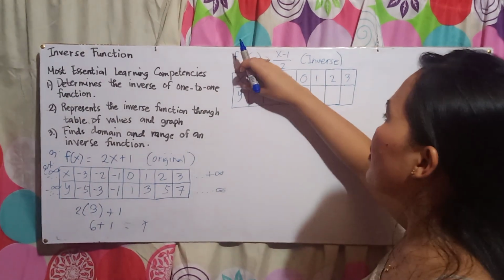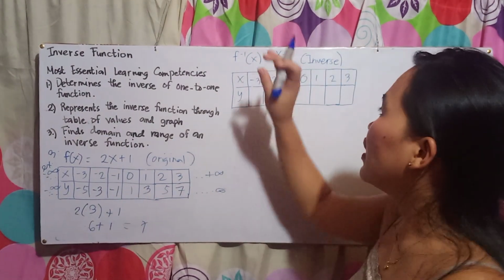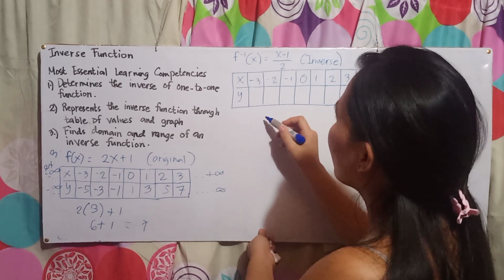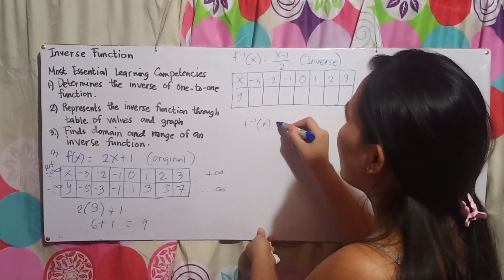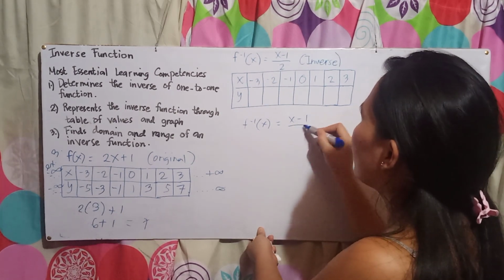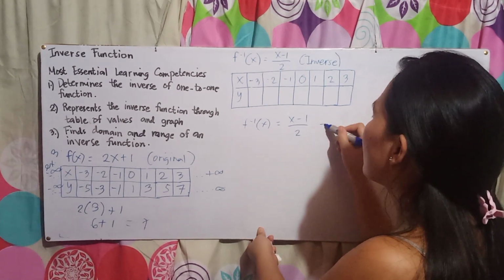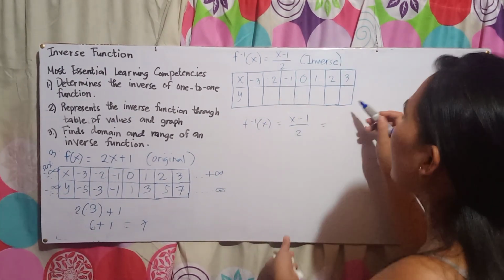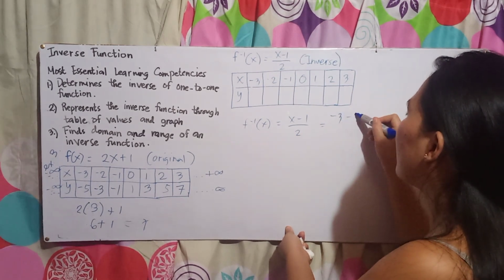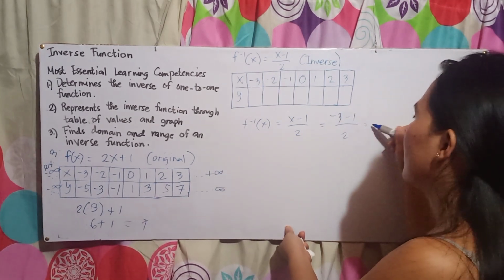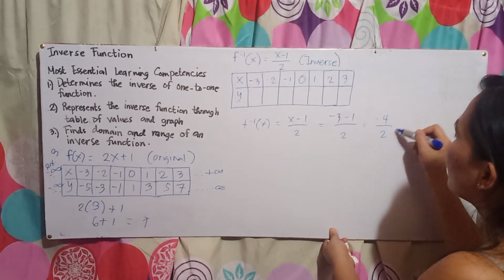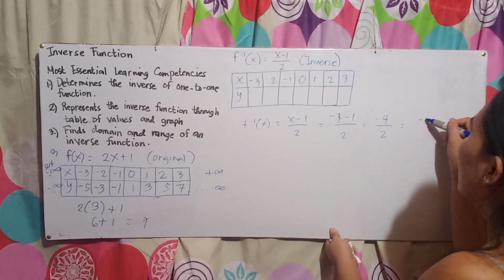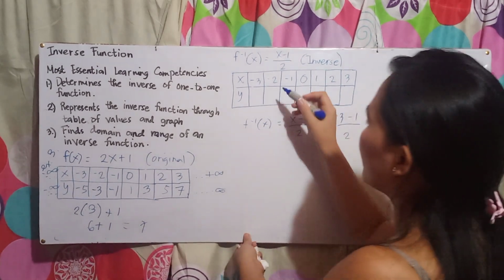So, the given value of x, we substitute into our function. Since the inverse function is x minus 1 over 2, if the value is negative 3, it becomes negative 3 minus 1 over 2. So, the result is negative 4 over 2, which equals negative 2.